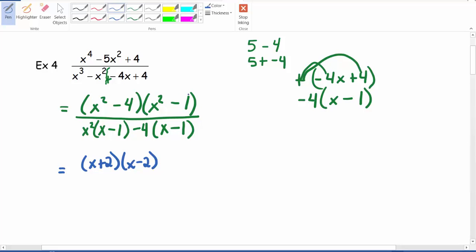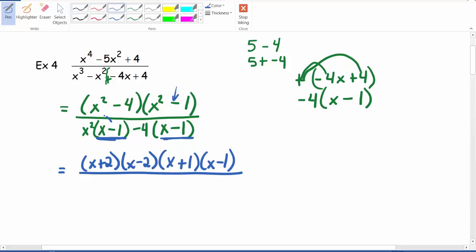This x squared minus 1 is also a difference of two perfect squares. When we break that down, it comes out to be x plus 1 times x minus 1. On the bottom, we notice we have a common x minus 1.